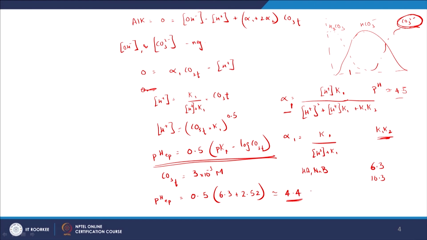I end up with around 4.4, and thus, as you see, it is remarkably similar or near to the pH that is going to be followed by the standard methods.